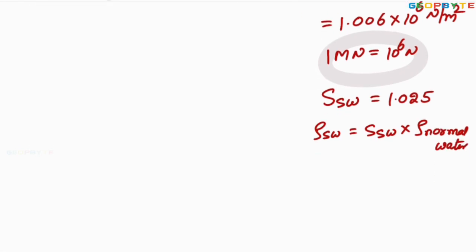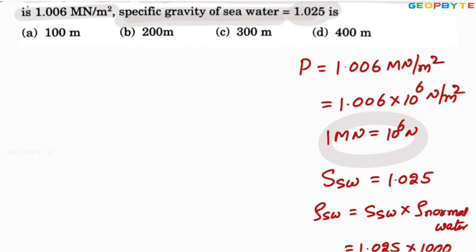Here the specific gravity of the seawater is 1.025, and the density of normal water is 1000. It is 1025 kg per meter cube. That is the density of the seawater.